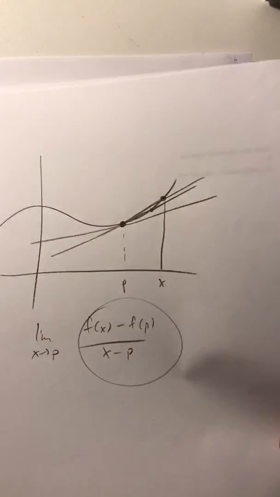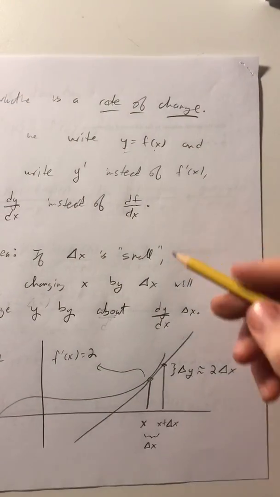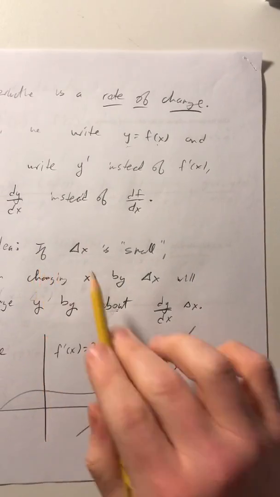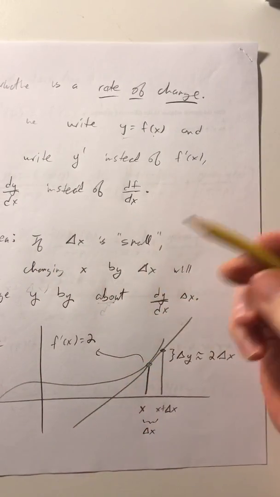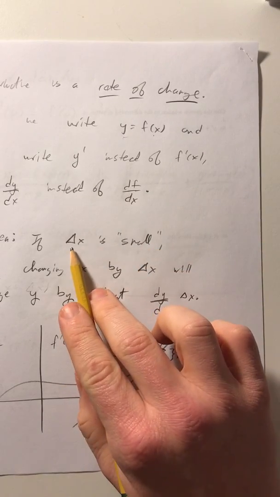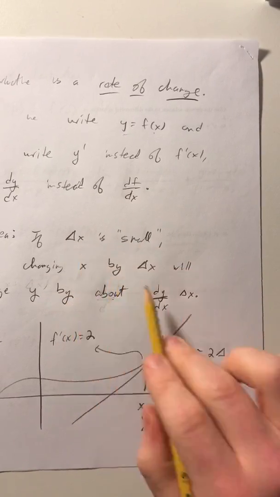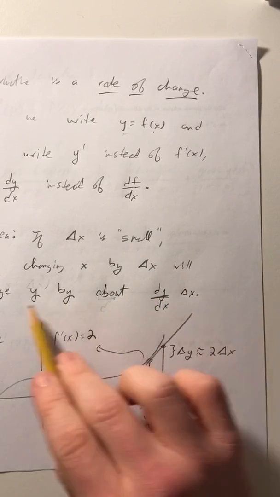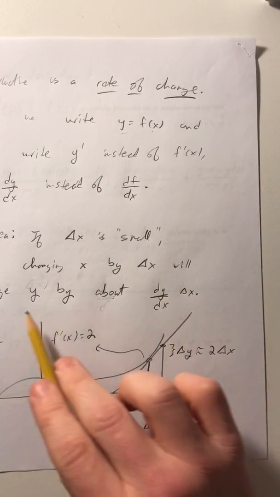What information is actually conveyed by that f prime of p? The idea is, if we have f prime of p, or f prime of x here, if we make a small change to the input, then the derivative is going to tell us approximately how much of the output will change.